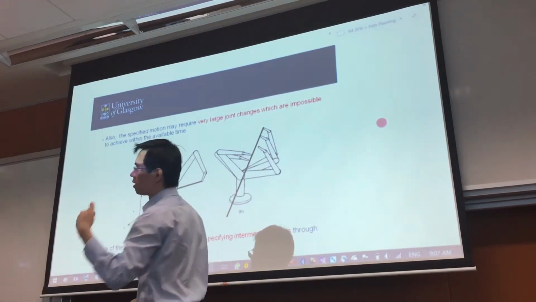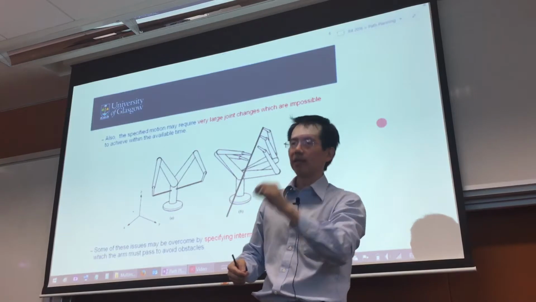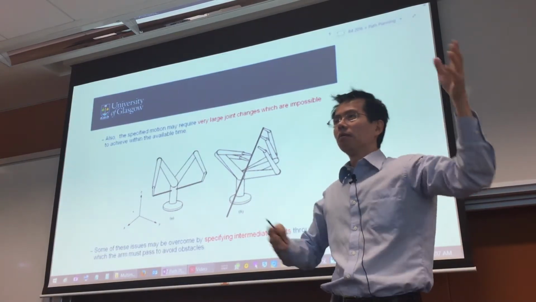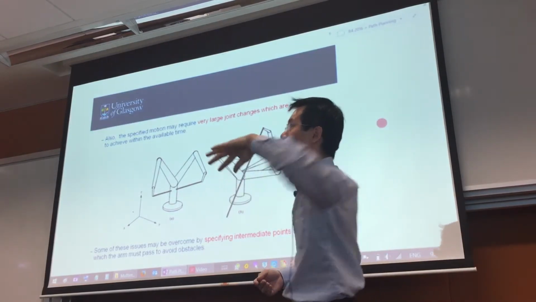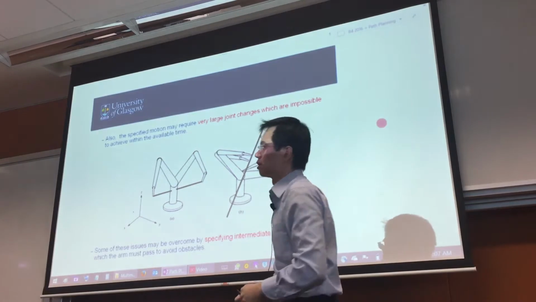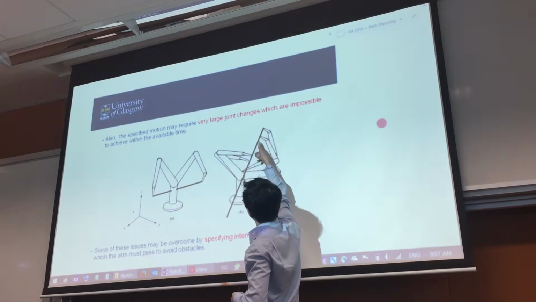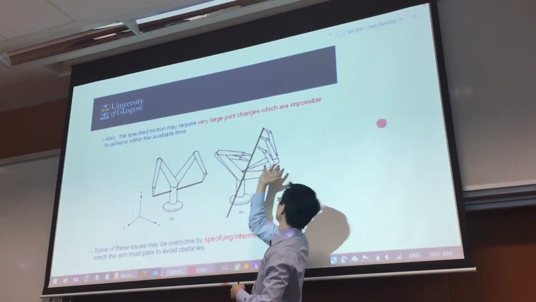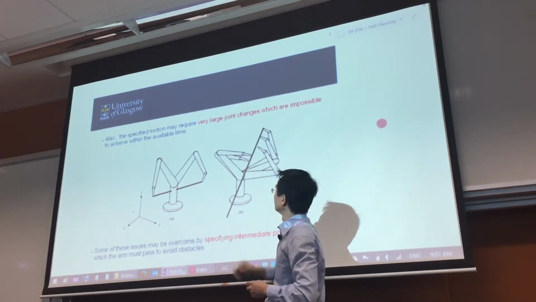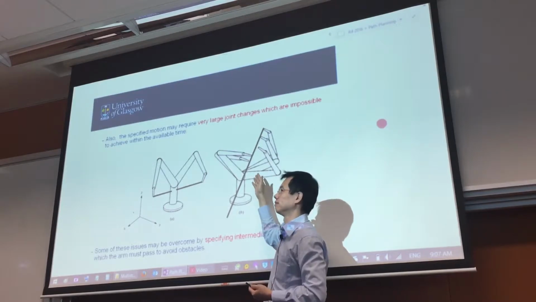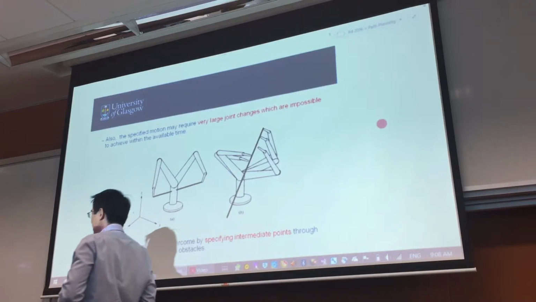It's not possible within the time frame that's given to it, because you'll be defining that it has to travel from position A to position B within a certain velocity, within a certain acceleration. So for it to do that drastic change, turn around, it's just not possible. So if you want to reach from this position to the other position, you will be able to do some of the path, but then it has to rotate around. So in order for it to be able to accomplish this task, you have to define intermediate points again. Right? So later on, you get to see how we go about designing some of the intermediate points.